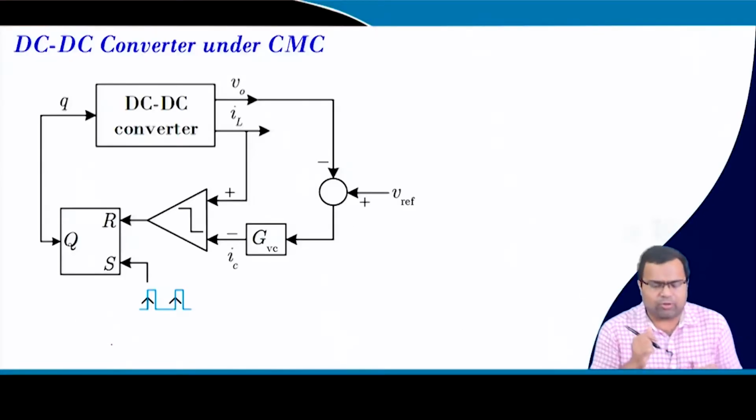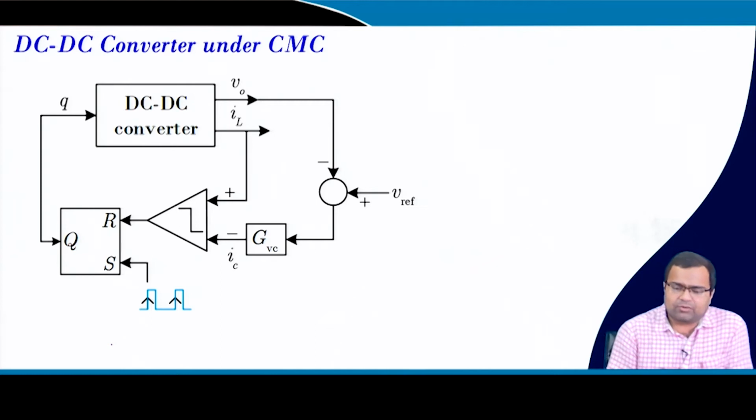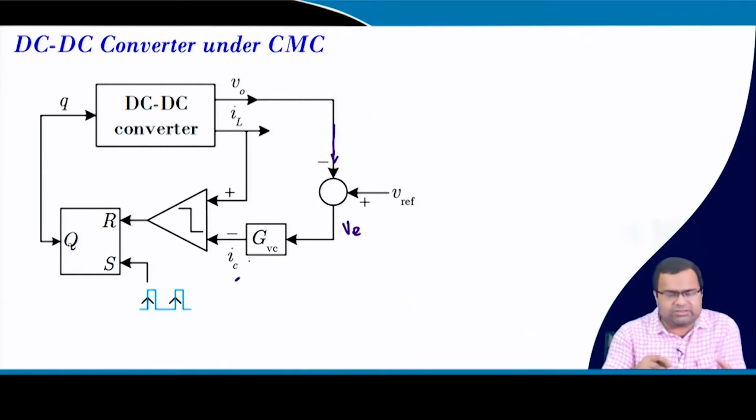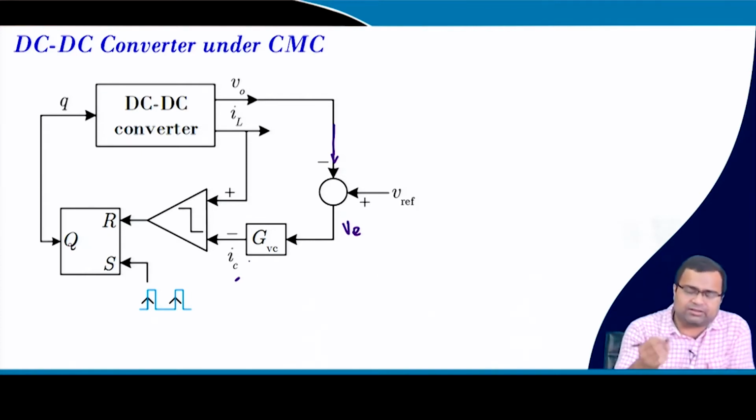The current mode control block diagram we have discussed earlier: we sense the output voltage, compare it with the reference voltage, and this is our error voltage. It goes through a controller, and the controller generates the current reference. Sometimes we use IREF; here I will use IC. You can use any notation for the reference current.